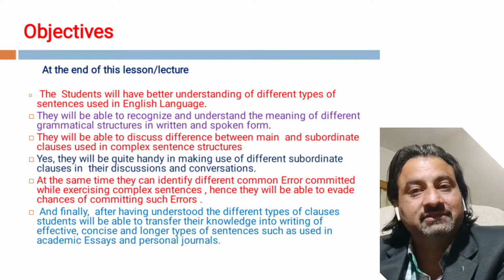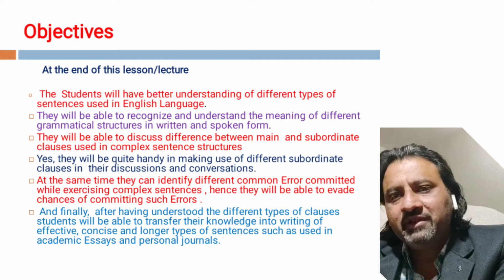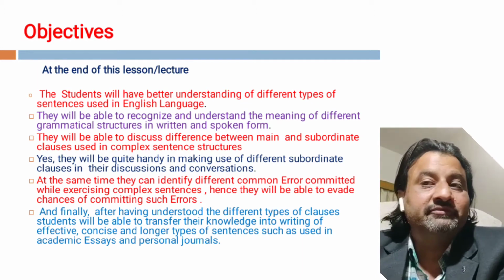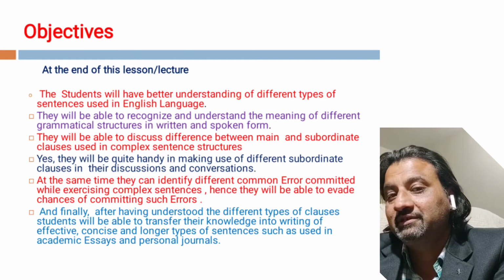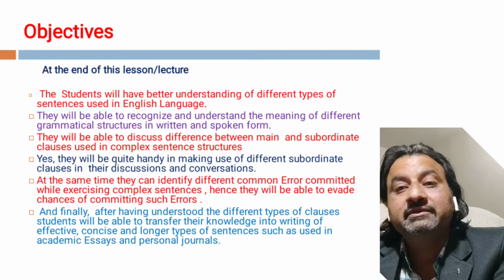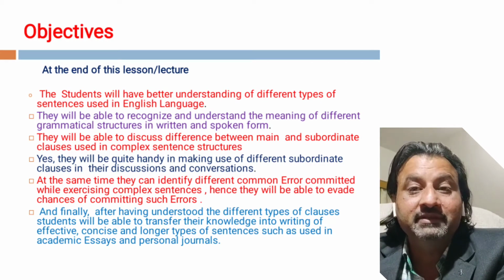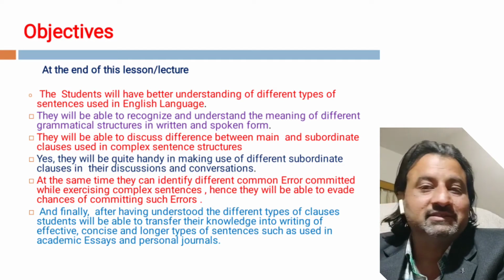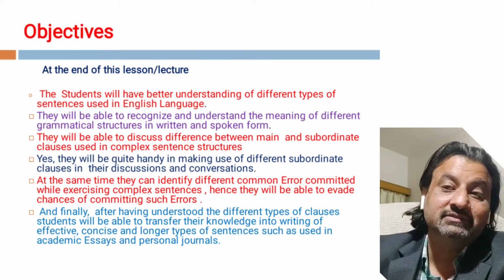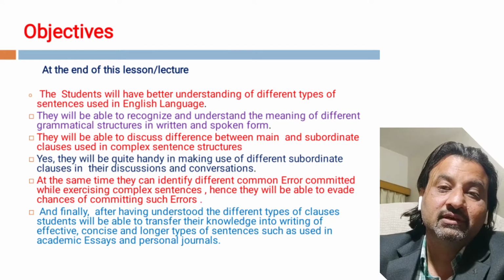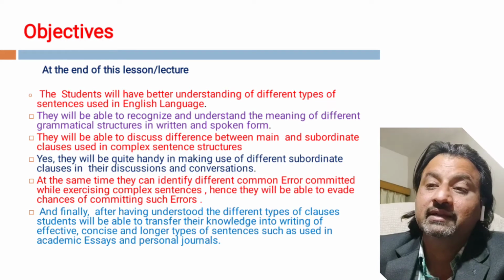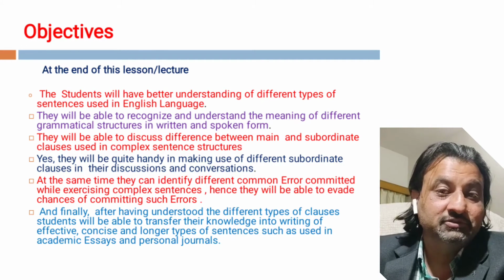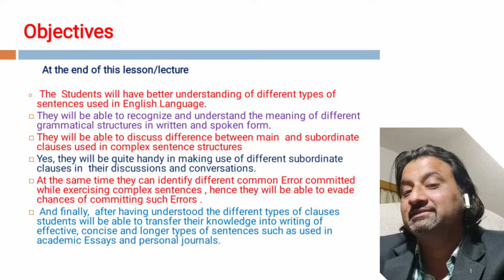By the end of this lecture, the student will have a better understanding of different types of sentences used in the English language. They will be able to recognize and understand the meaning of different grammatical structures in written and spoken form. They will be able to discuss the difference between main and subordinate clauses used in complex sentence structures.